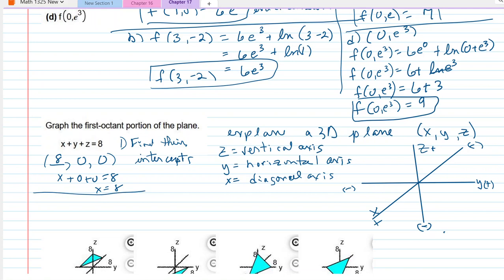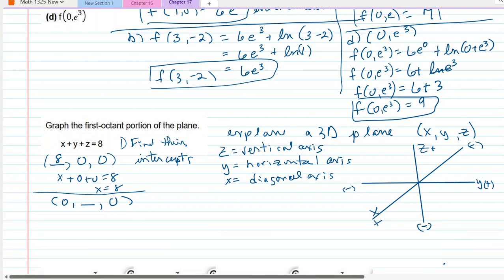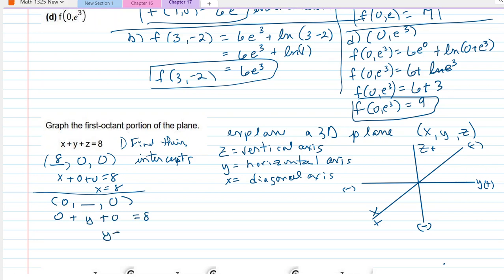Now I'm going to do the next one, which is 0 for x. We want to know the y, and 0 for z. Now you can see the pattern here. I know you can. So we're saying 0 and y and 0 have to equal 8. Y is 8. So we got that guy. Very good.